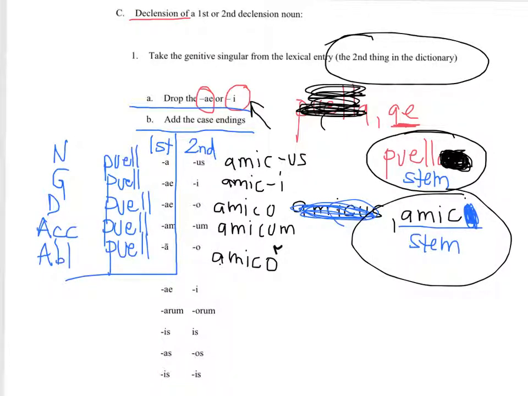Very simple process. That's all you need to do to decline a first declension or a second declension noun in the singular. So far, this has just been the singular.